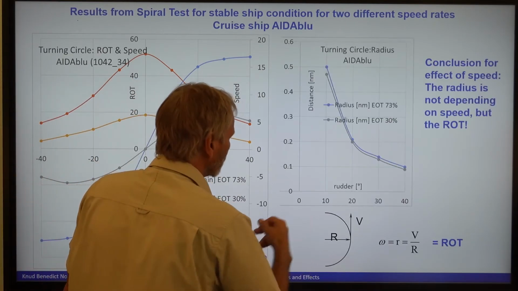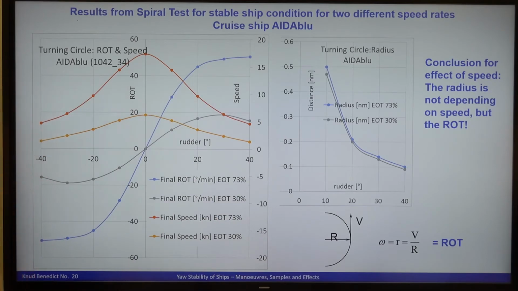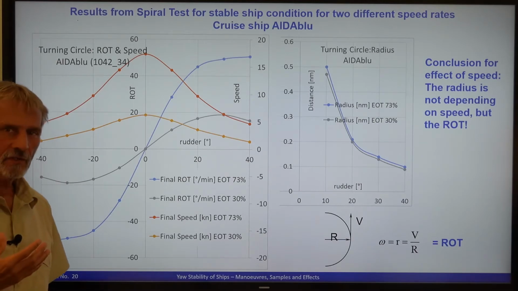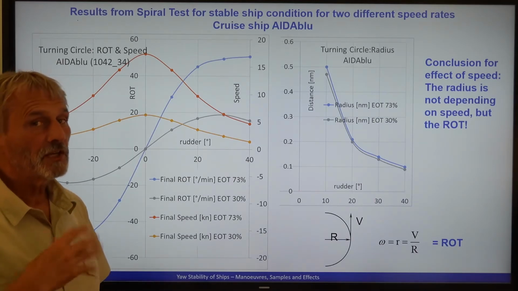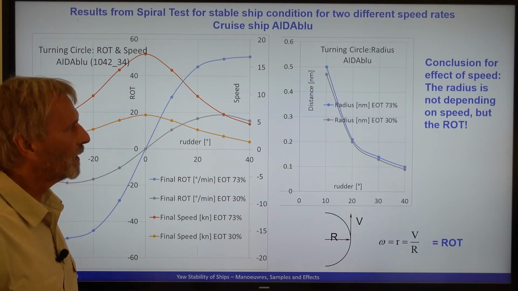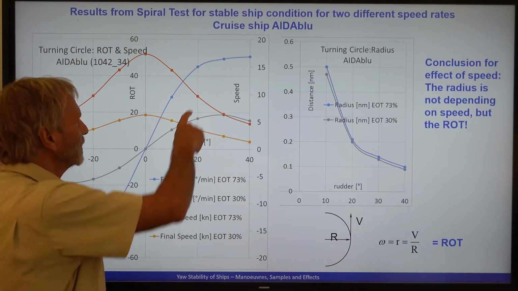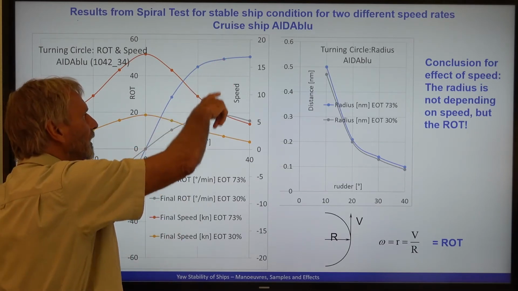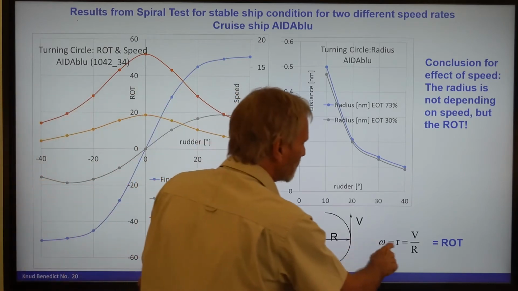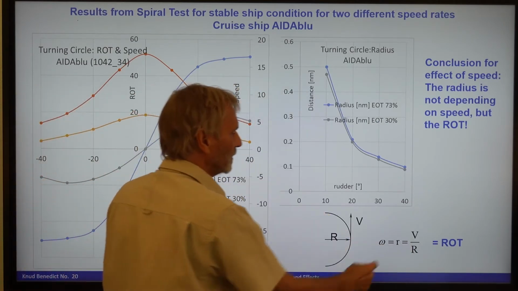And I have told it already when we talked about turning circle dynamics that the turning circle diameter is independent from the speed rate. I made it also here, so I used the data for rate of turn and for speed in this small equation.